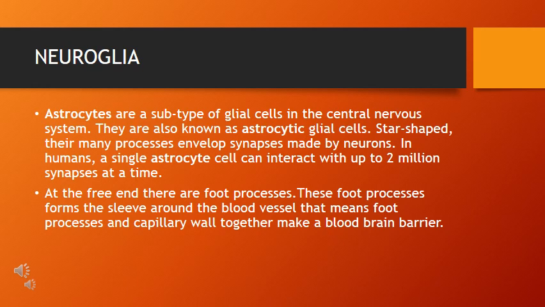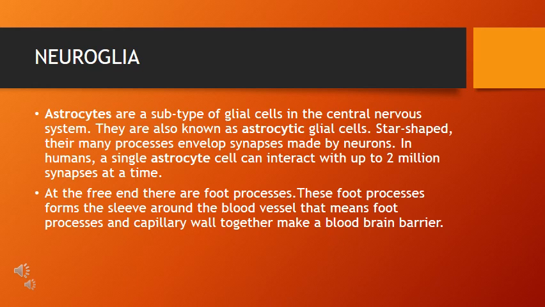MRI is magnetic resonance imaging. They also have been involved in neuronal circuits, playing an inhibitory role after sensing changes in the extracellular calcium. These are subtypes of the glial cells in the central nervous system, and they are also known as astrocytic glial cells. They are star-shaped, with many processes involved in synapses made by the neurons.